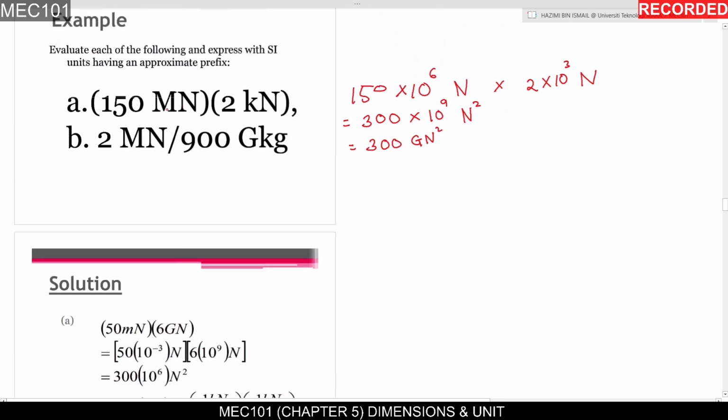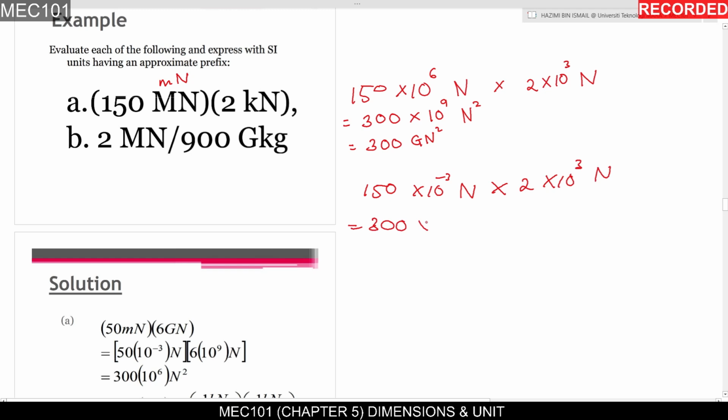If the question means capital M for mega, then my answer is the correct one. Let me put another alternative: millinewton. So 150 times 10 to the power of minus 3 means millinewtons, times 2 kilo, 10 to the power of 3 newtons.